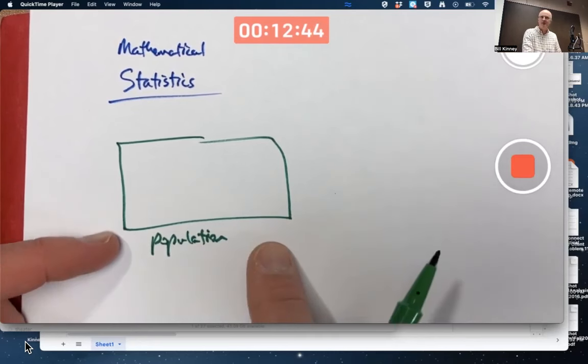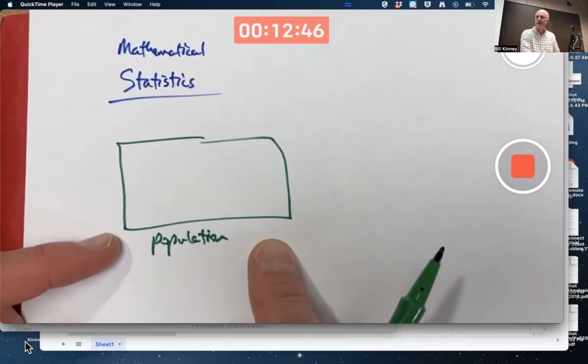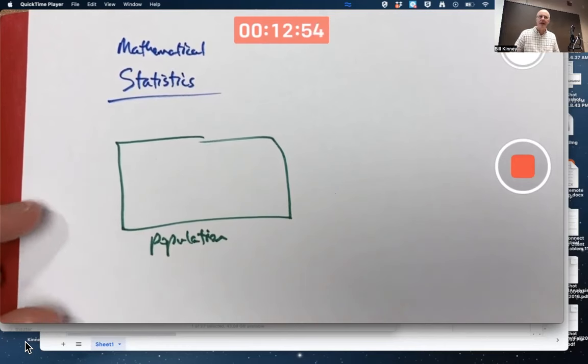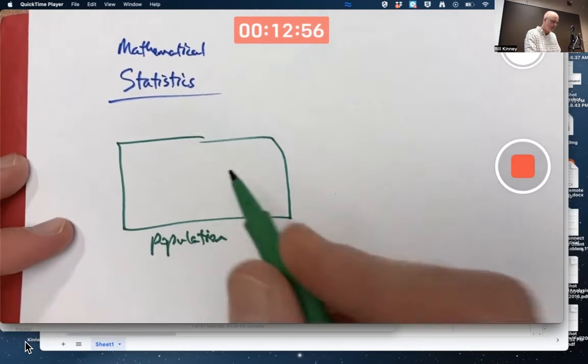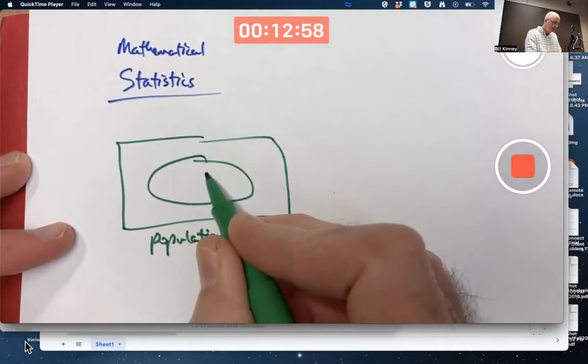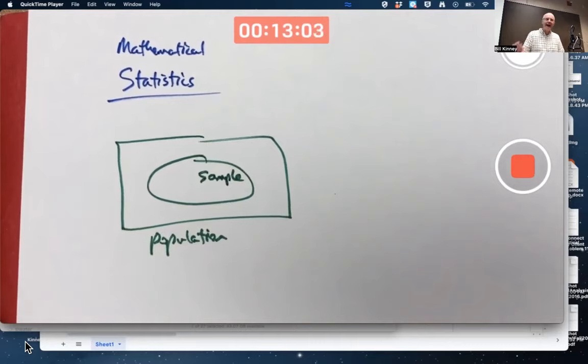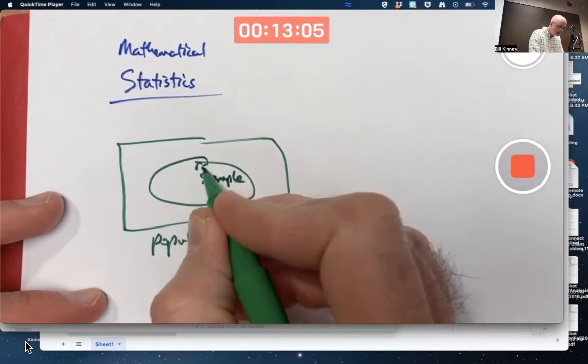You can't observe, for example, the average height of everybody in the country because it's just not practical to go around and measure every single person's height and that kind of thing. That's not practical. So you need a sample from that population. And ideally, you want it to be a random sample.